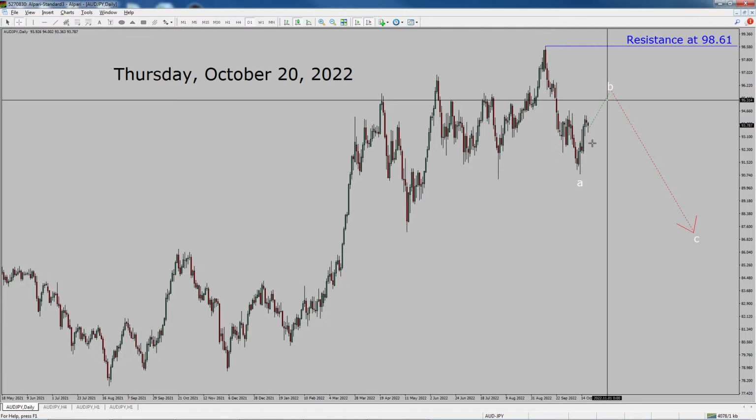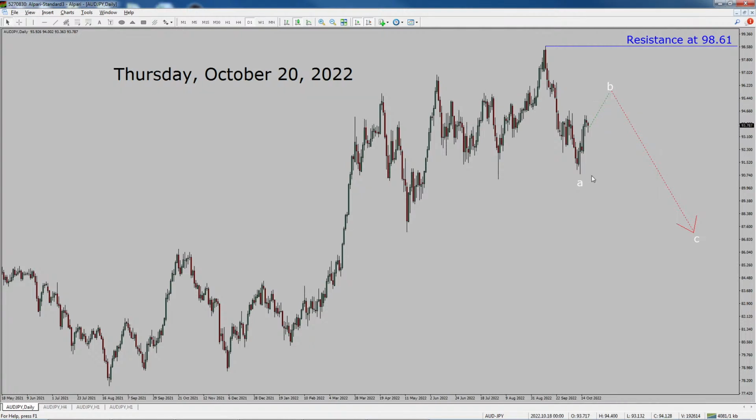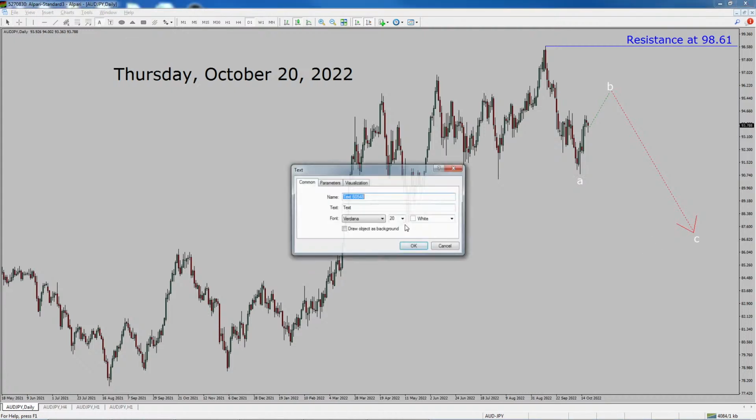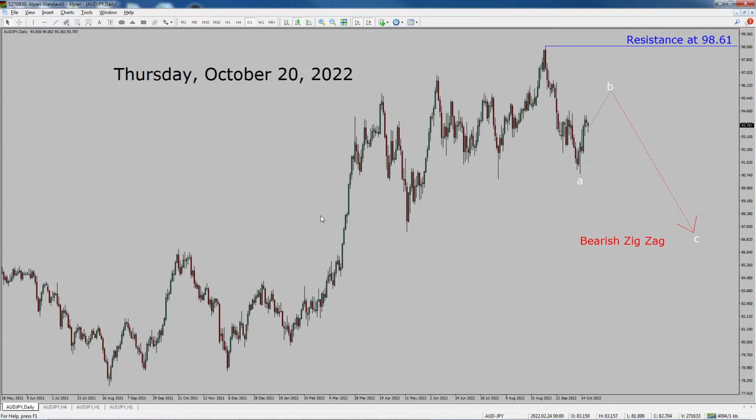So this is wave A, wave B, and wave C, and I'm expecting a bearish zigzag in this case in the daily chart of the AUD/JPY currency pair.